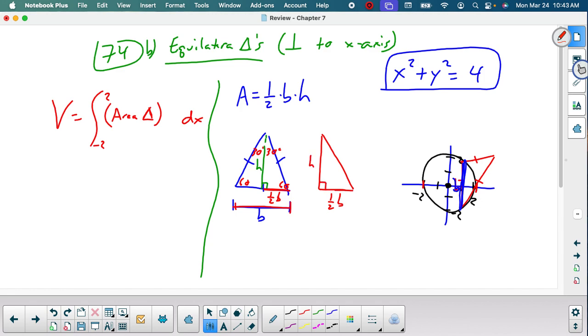If this is my 90 and this is my 60 and this is my 30, to find my height, across from the 60, I take my base, which is the 1/2, whatever the base is, but then I take that answer times the square root of 3. It's my long leg here. And so my height is going to end up being 1/2 b times the square root of 3.